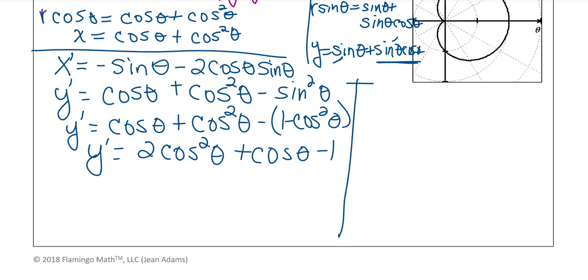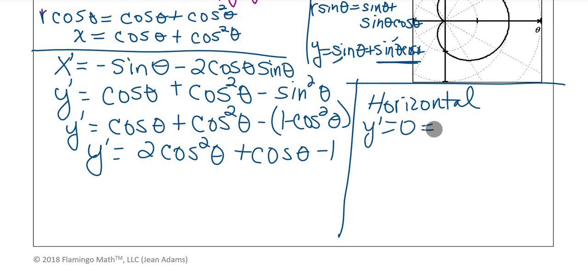So for the horizontal asymptotes, I'm going to let y prime equal 0, and so that's going to equal 2 cosine squared theta plus cosine theta minus 1. And what I want to see is this is really a quadratic. So I'm going to treat cosine theta like it's x. So I can think of this as 2x squared plus x minus 1, and use the quadratic formula.